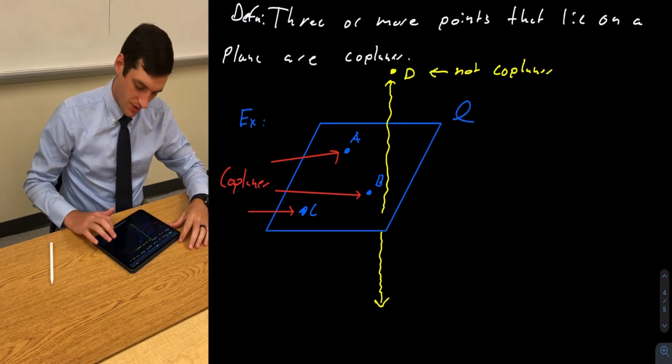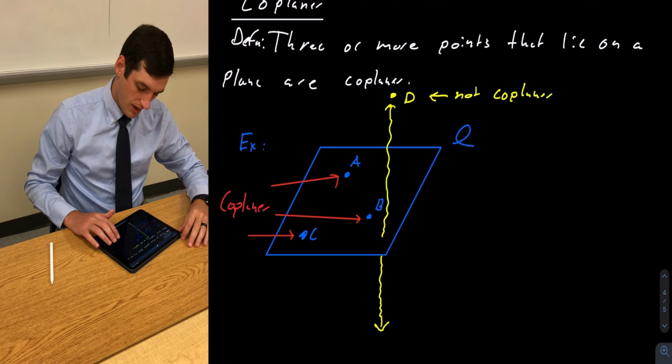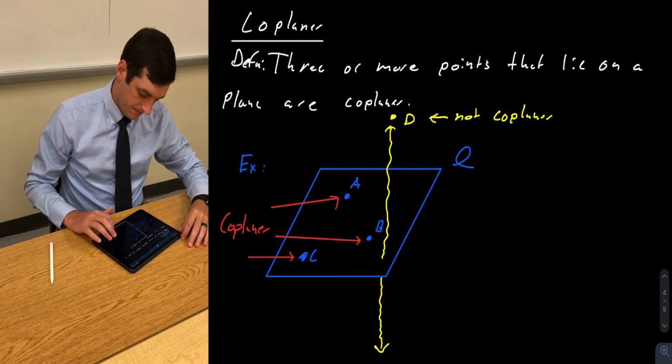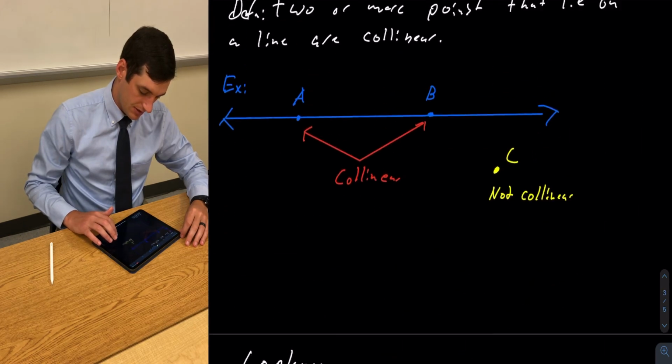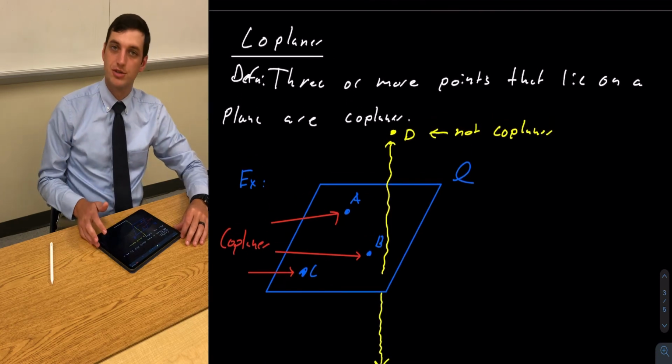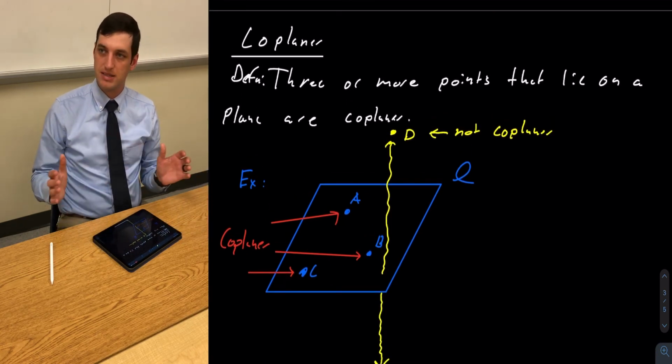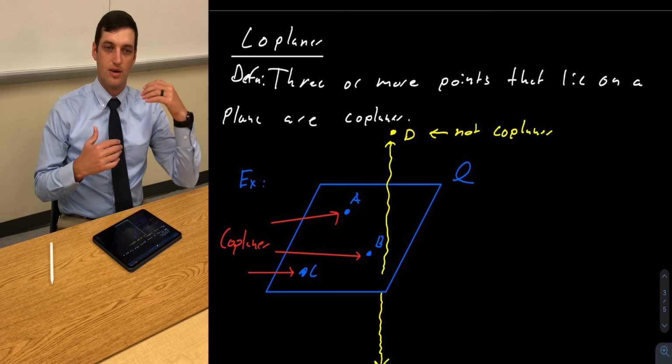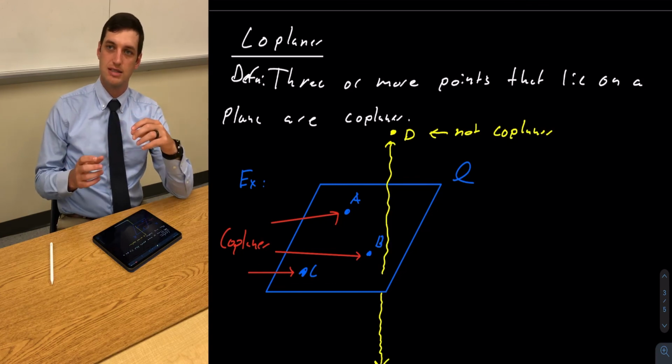All right, so that's pretty well what I have today. We will be using these definitions throughout the rest of chapter 2. So this is kind of what makes up lines, and we'll be talking about how to use these.